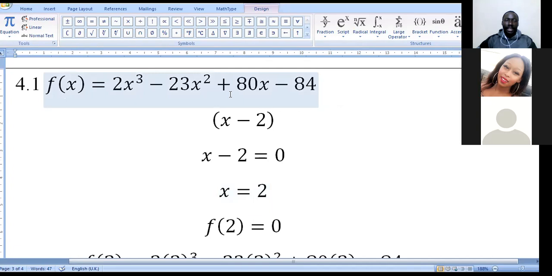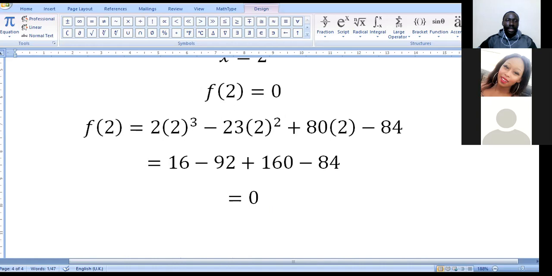When we substitute 2 for x in this expression, what we get, as we have calculated, is 0. And that shows that the function f of x can be divided by x minus 2. In other words, x minus 2 is a factor of the function f of x.